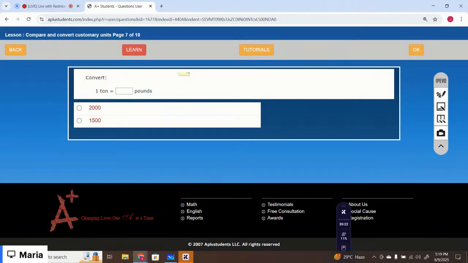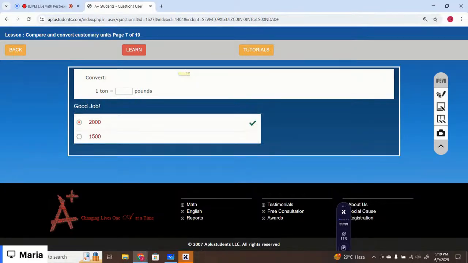One ton equals how many pounds? One ton equals 2,000 pounds. Option number one is the correct option.